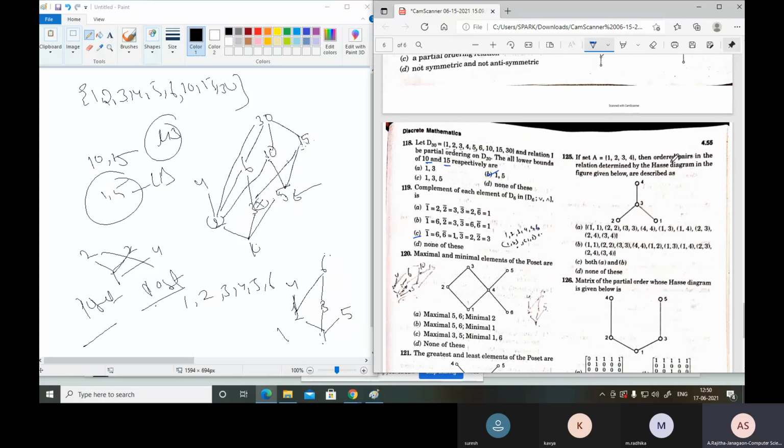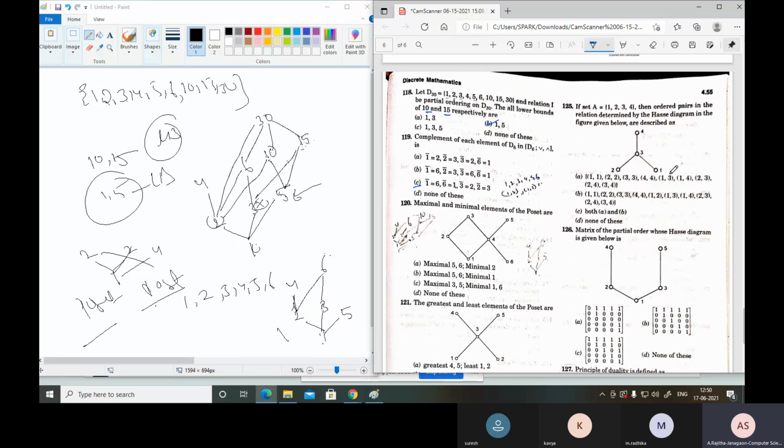Then here this one. Here this is the set, the ordered pairs, that means the number of ordered pairs by using this Hasse diagram. So now what are the ordered pairs? That means self loops are there: 1 1, 2 2, 3 3, 4 4. Then next 1 3 and next 1 4 are there.